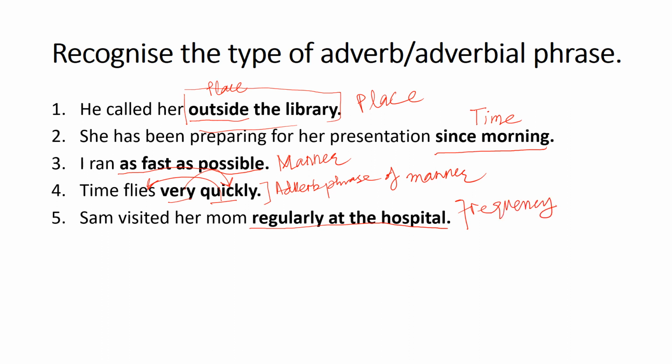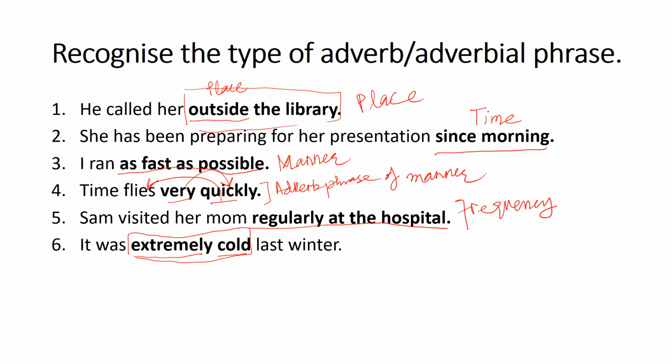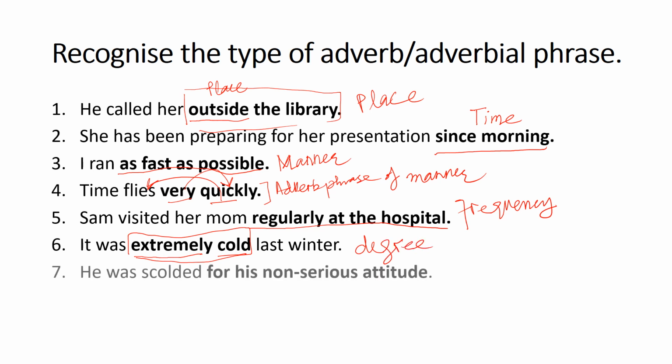If we talk about the sixth sentence: it was extremely cold last winter. Now, extremely cold: extremely is an adverb of degree and cold is an adjective. So extremely cold would be an adverbial phrase of degree. Another sentence: he was scolded for his non-serious attitude. Why was he scolded?